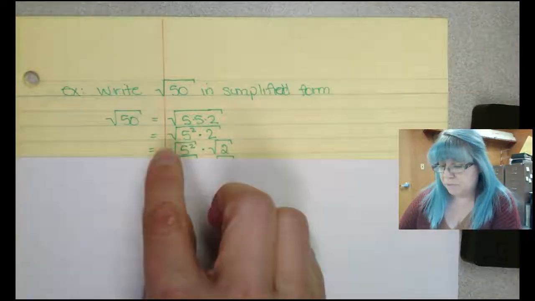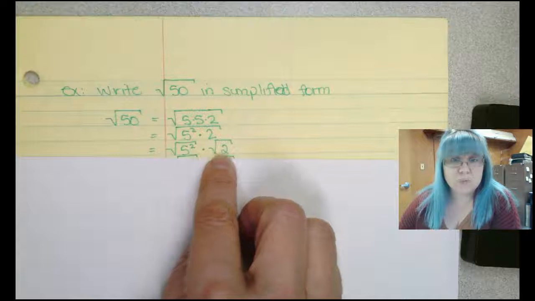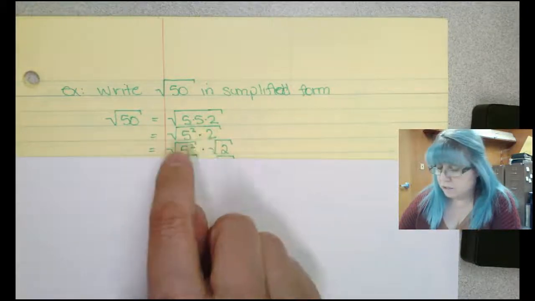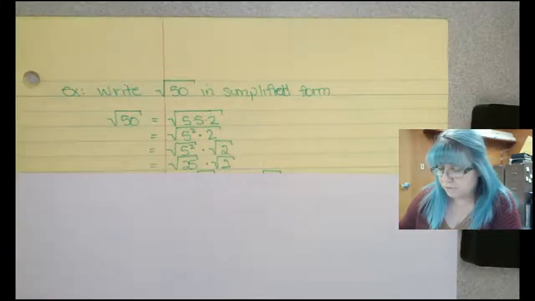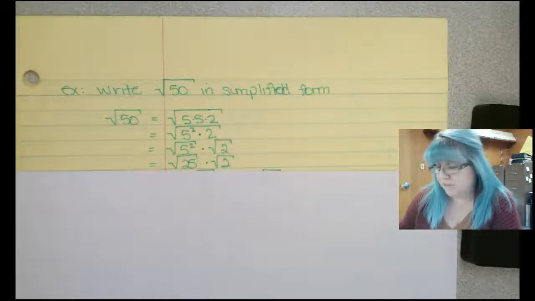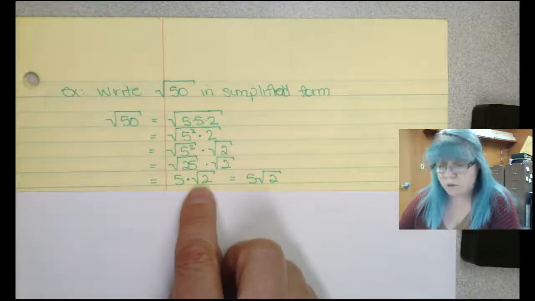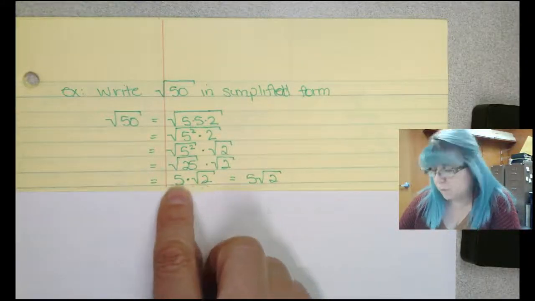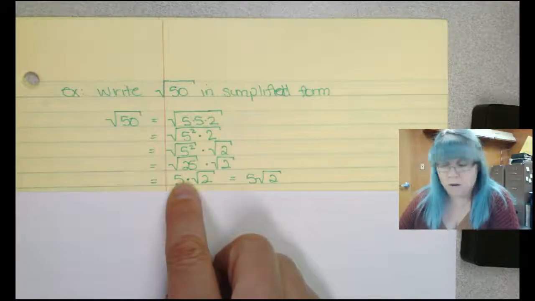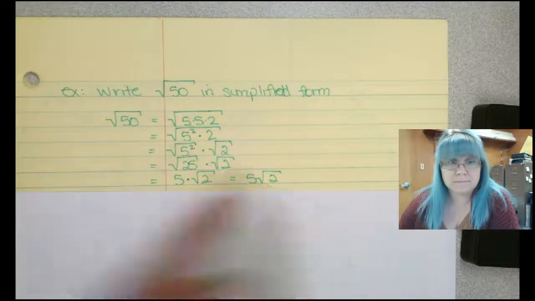That would be the square root of 5 squared times the square root of 2. Now, the square root of 5 squared is 25, and we do know that the square root of 25 is 5. So that becomes 5 times the square root of 2, and in simplified form we don't need the marker for multiplication, so we're just going to write it as 5 square root of 2.